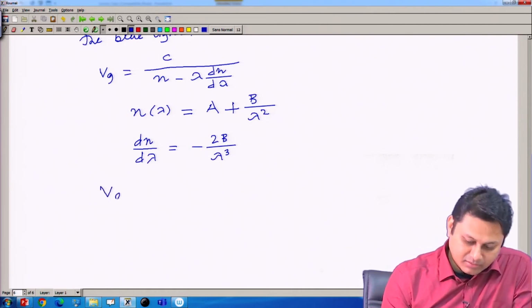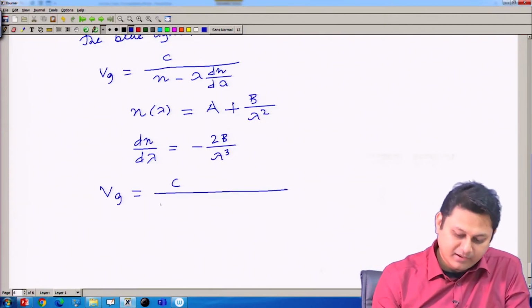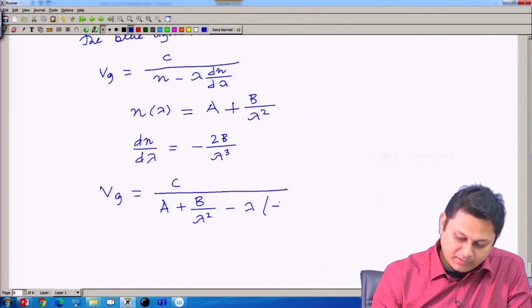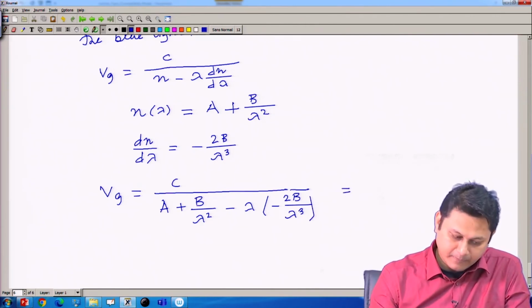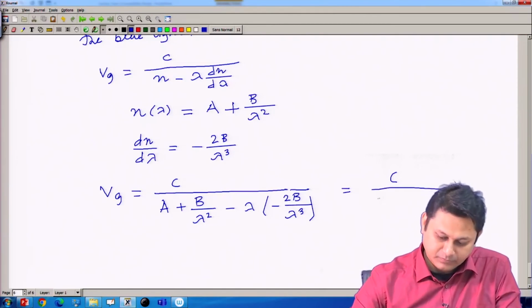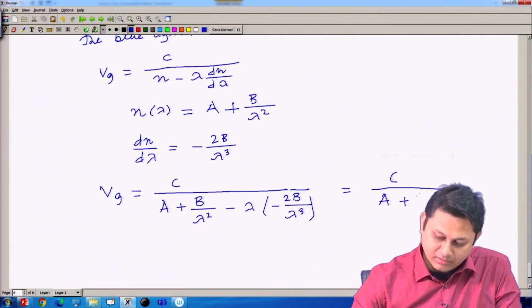And Vg is now simply C divided by n, which I write as A plus B lambda squared, minus lambda times minus 2B over lambda cubed, which is essentially C divided by A plus, this sign will be plus, 3B divided by lambda squared.